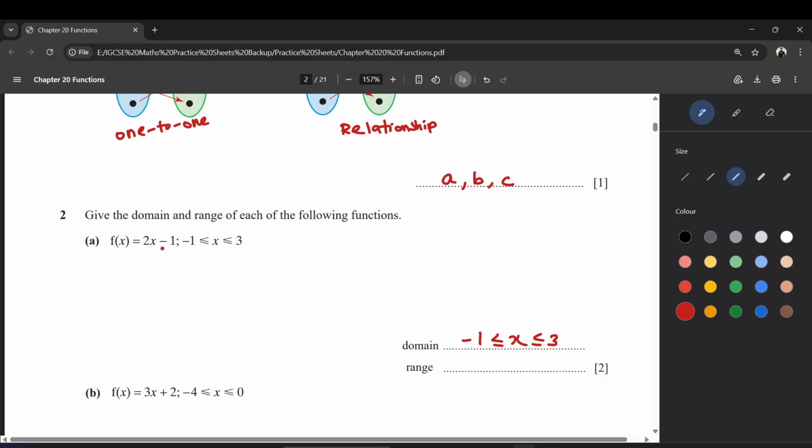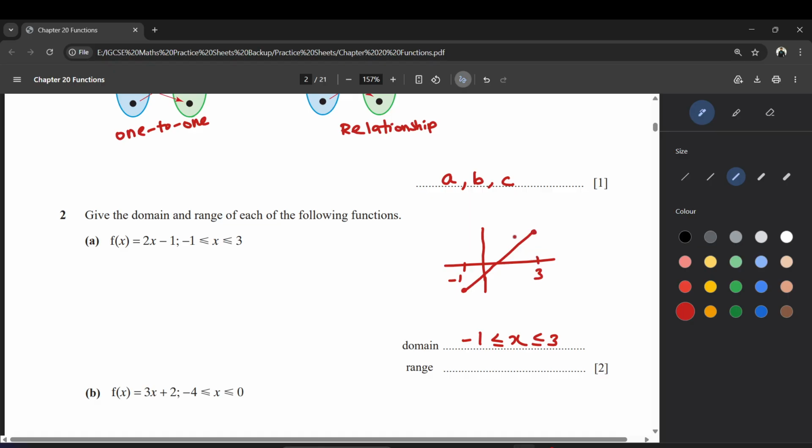Now if you have a linear function, you have a straight line graph. It goes something like this. So you can see if they have given you that x is minus 1, so let's say this is minus 1 over here, and x is 3, so this is 3 over here.